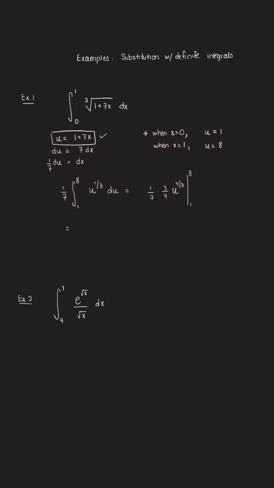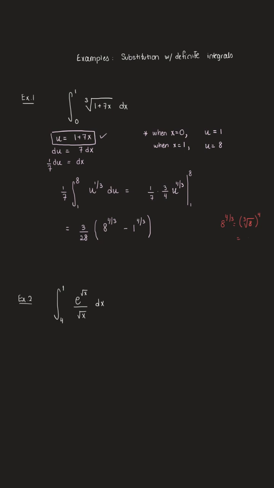So I'm just going to deal with the constants. So we have a 3/28. And applying the fundamental theorem, we're going to put in 8 in place of u. So this will be 8 to the 4/3 minus 1 to the 4/3. Now, 1 to any power is itself, and 8 to the 4/3 means that we're taking the cube root of 8 and raising that to the 4th power.